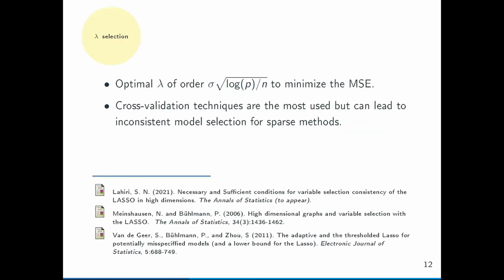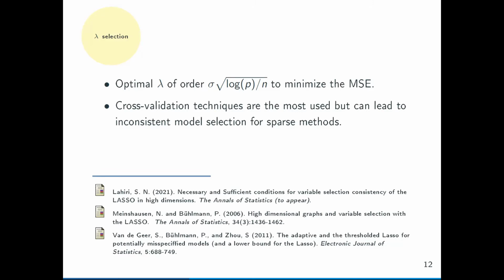Eventually, one of the most important parts of a Lasso adjustment is the optimal selection of the penalization parameter. However, this is quite difficult in practice because if we want to take an optimal lambda value, minimizing the mean square error, it is known that it is going to depend on the variance of the linear regression model error, denoted here by the lowercase sigma.